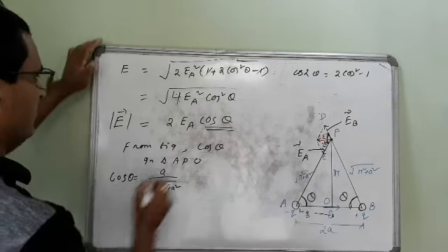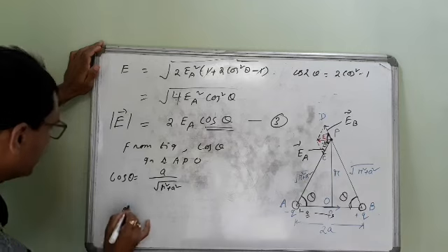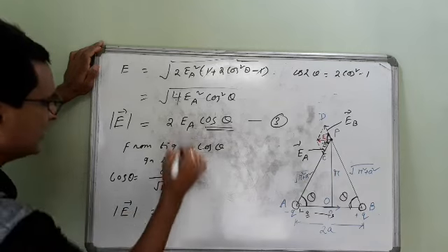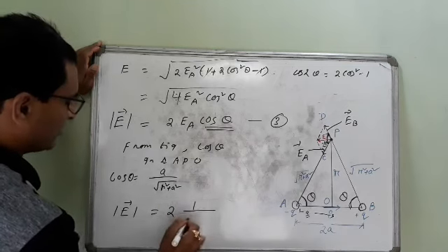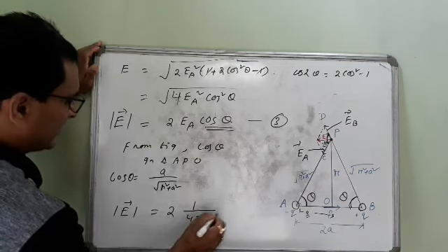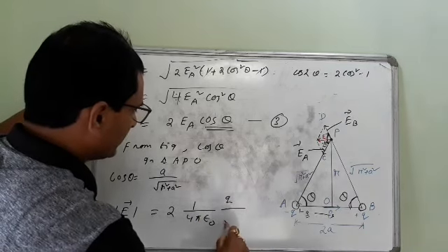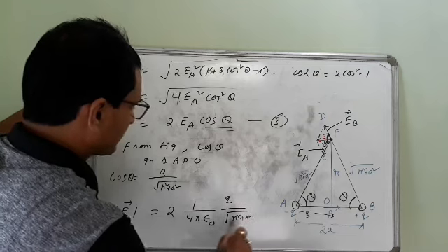So put this value of cos theta in equation 3. We get the magnitude of E is equal to twice EA, where you put the value of EA, which is 1 by 4 pi epsilon naught Q by root over R square plus A square.